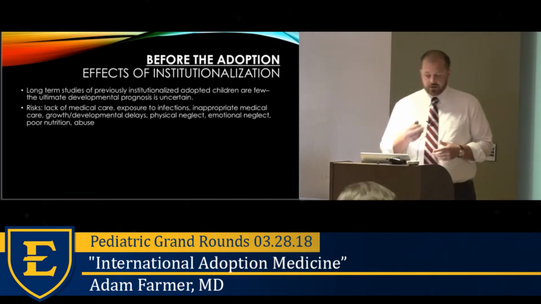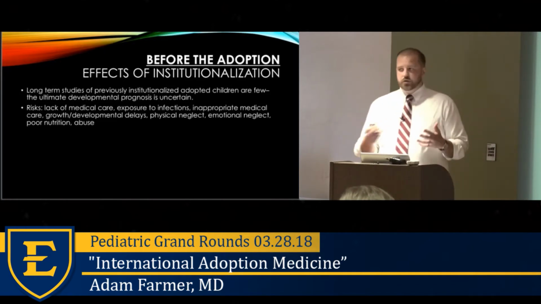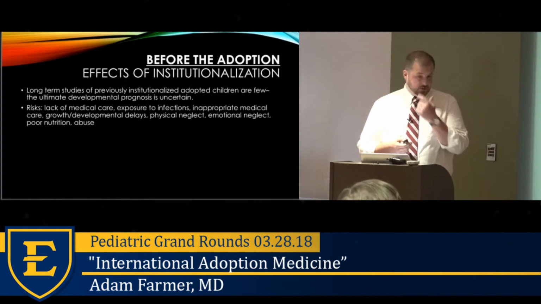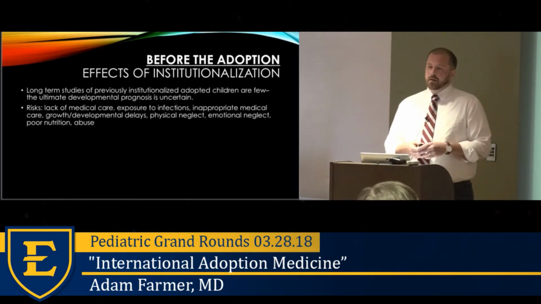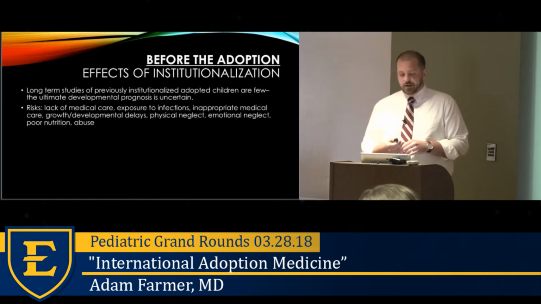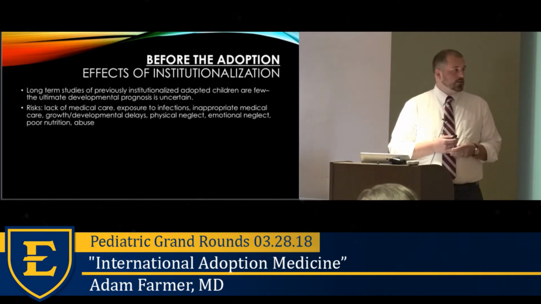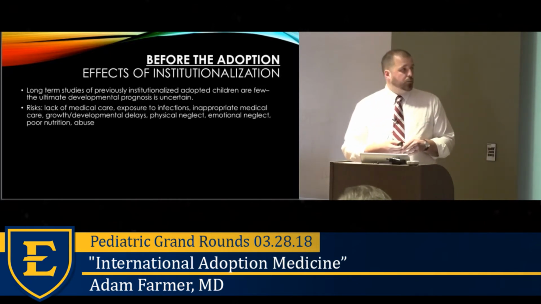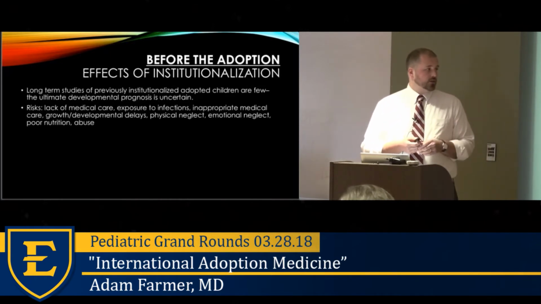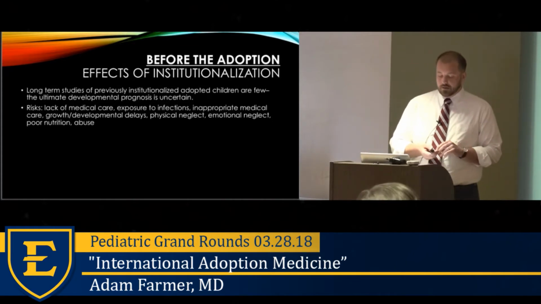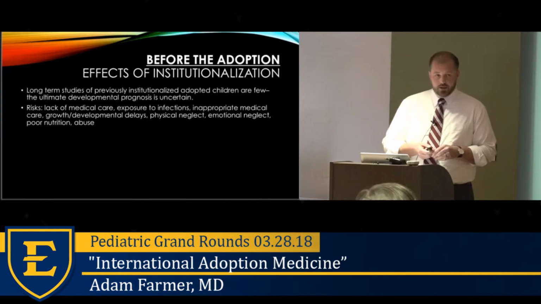Different risks include a lack of medical care, exposure to different infections, inappropriate medical care. There were reports of children being medicated to help sleep or to be quiet and things like that. Growth and development delays, neglect, both emotional and physical, poor nutrition, as well as some reports of abuse occurring in these different orphanages.